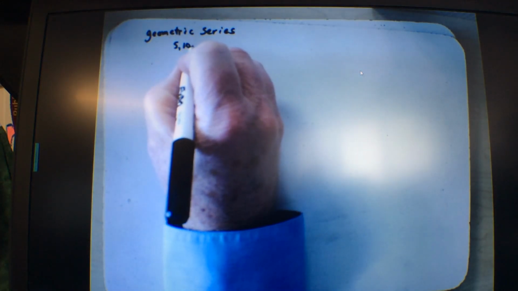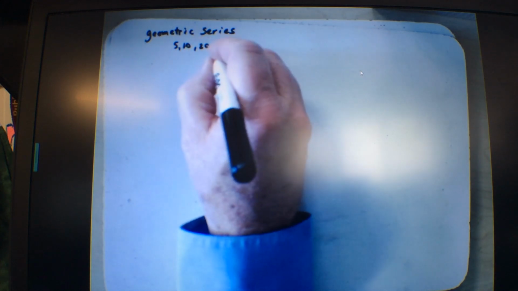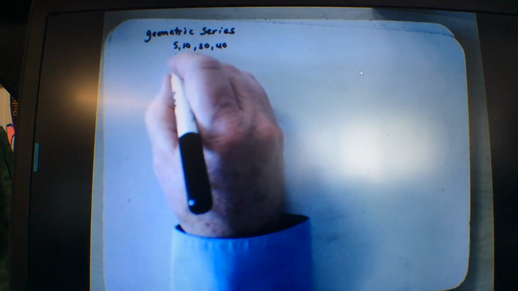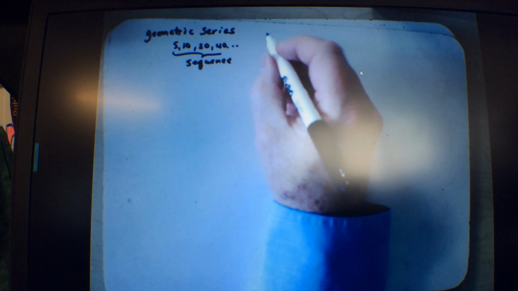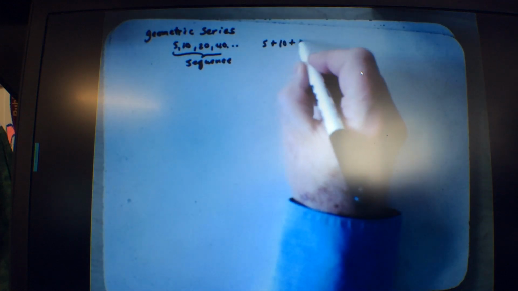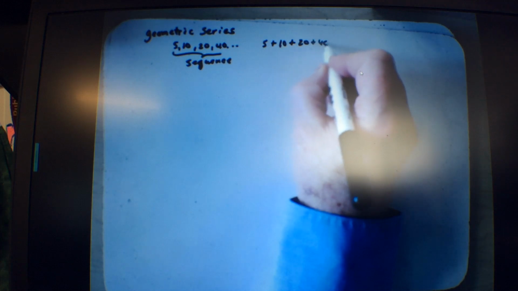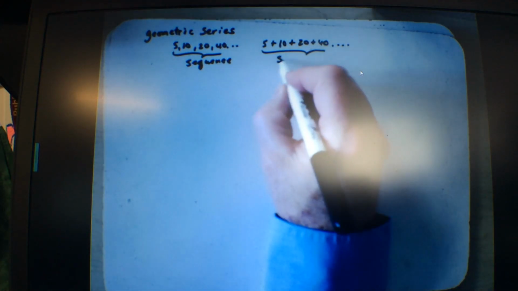It was 5, 10, 20, and 40, right? This is a sequence. A series adds them up. So you go 5 plus 10 plus 20 plus 40. This is a series.